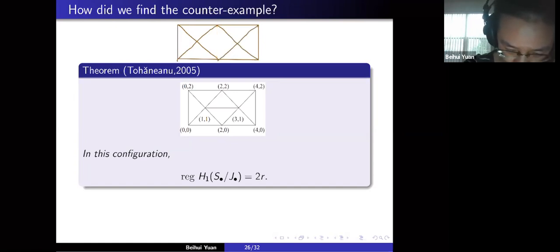So let's see. This is the example here. To get our example, you will just need to remove this edge. You add an edge here and 2 edges here.